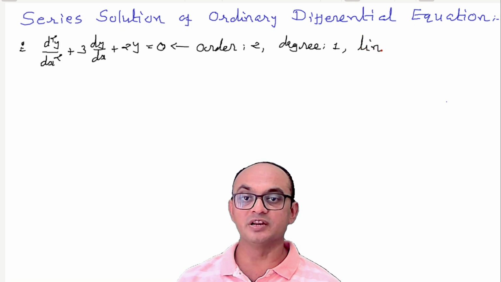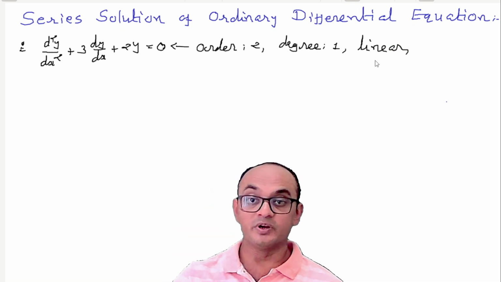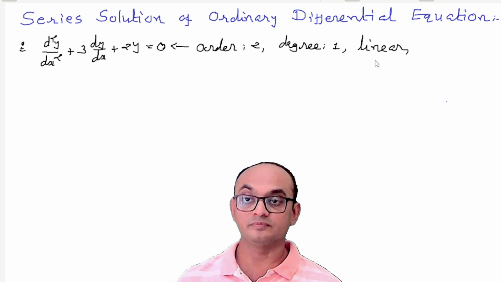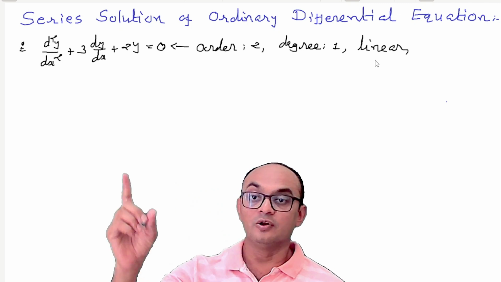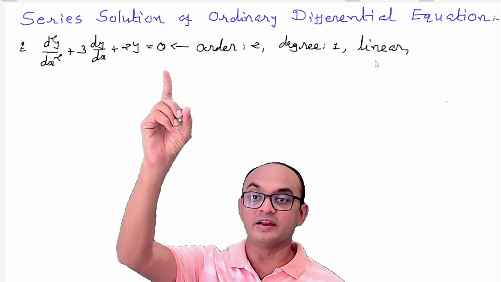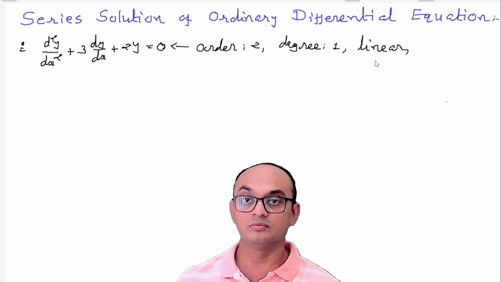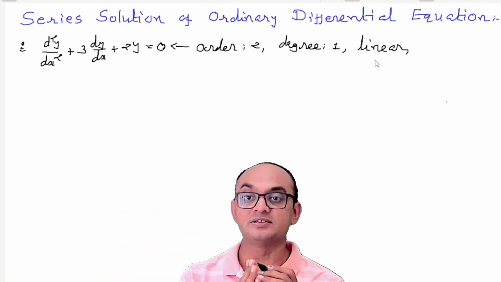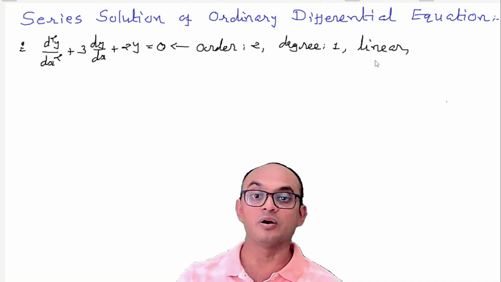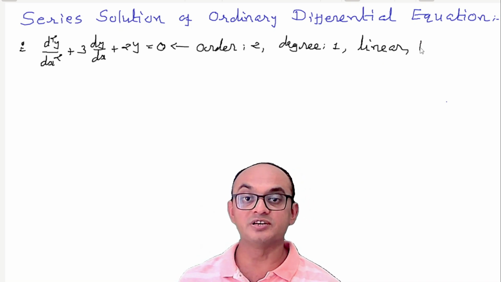This differential equation is linear. The definition of linear differential equation we have already seen. Next, look at the right hand side. What is the right hand side? It is 0. Whenever right hand side is 0, the differential equation is called homogeneous differential equation.